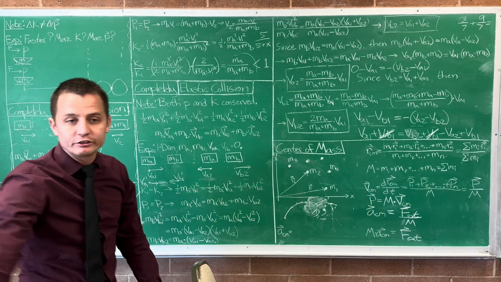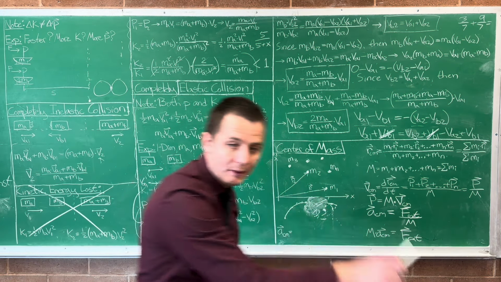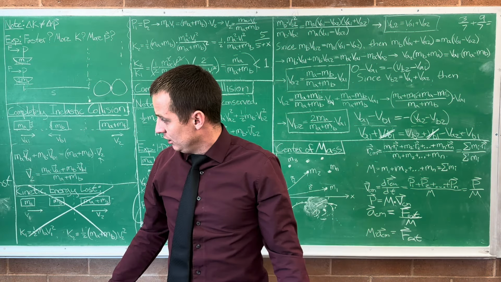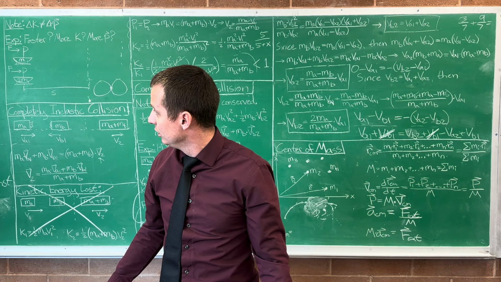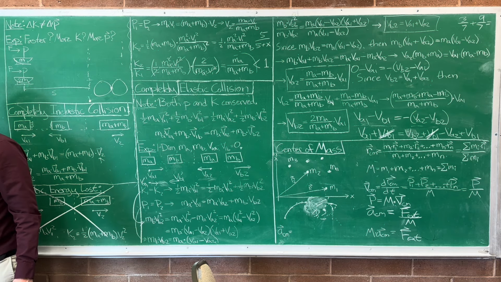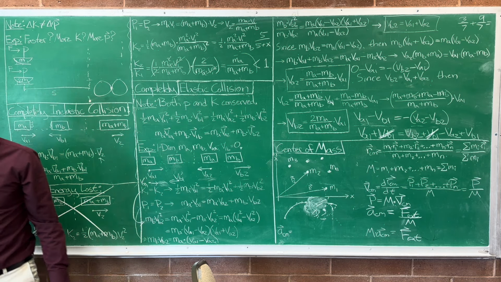If integrating forces gets you momentum, differentiating momentum gets you forces. Remember, an impulse is just a change in momentum, so it's delta P, vector J. Your impulse vector is just your change in momentum vector.